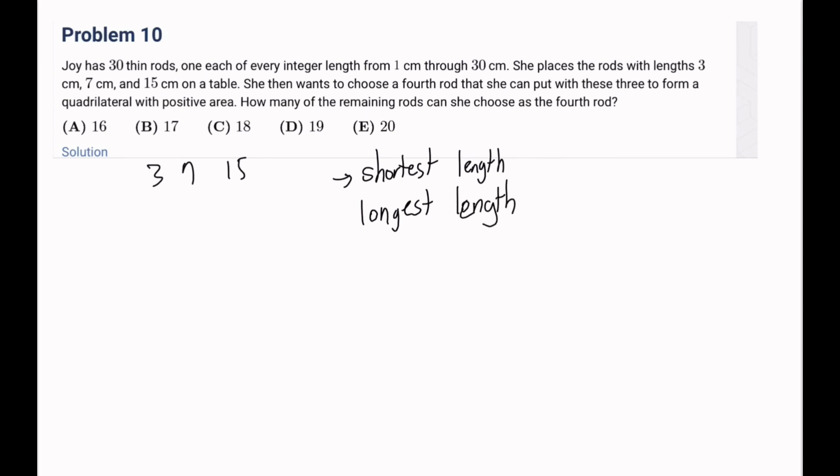And so for the shortest length, then 15 will have to be the longest, right? And so we have 15, and we will have 3, 7, and we will have something.